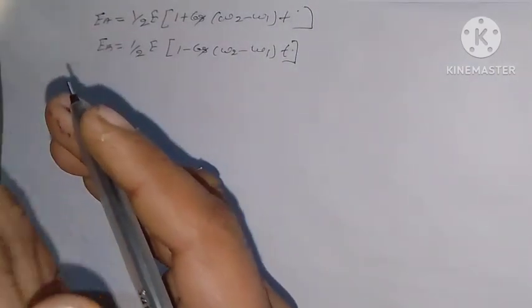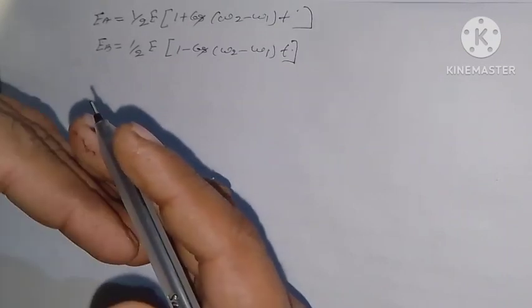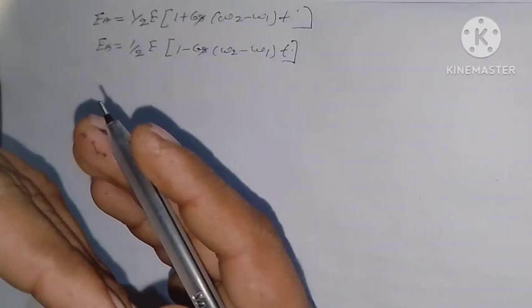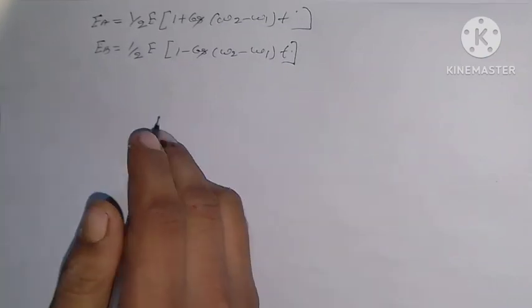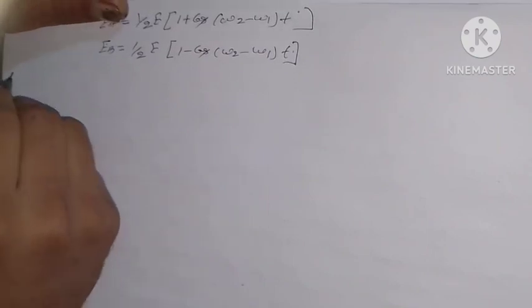This shows that total energy is constant, but it flows back and forth between the pendulums at the modulated or beat frequency.